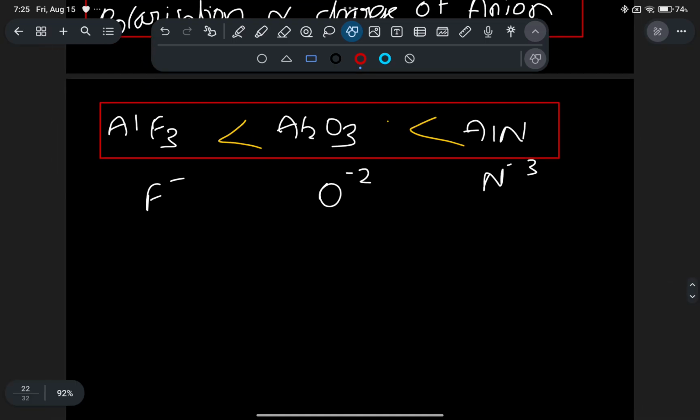Now, the electronic configuration of the cation you can write directly, if you know the jet effect is inversely proportional to size.